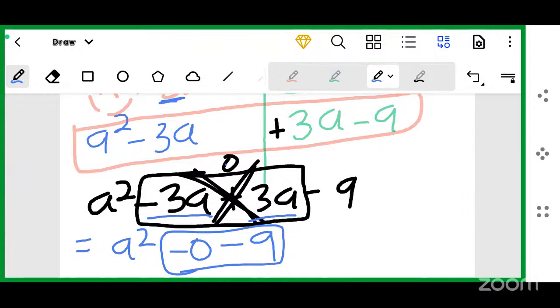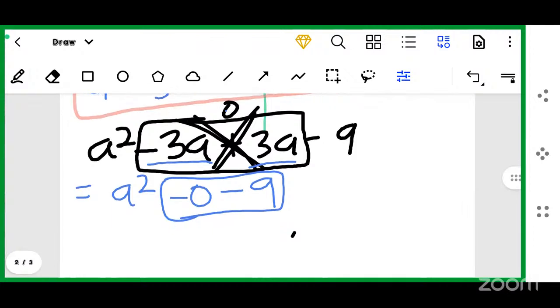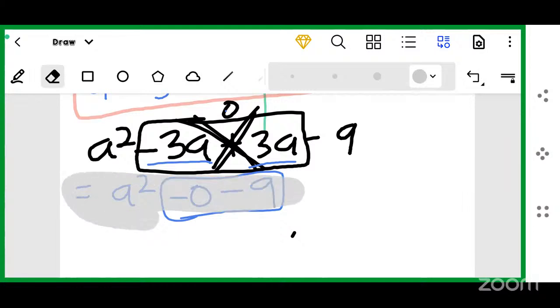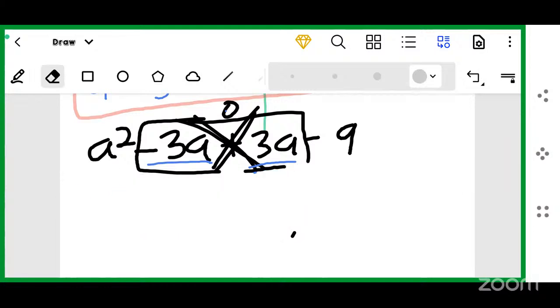Okay, you were saying? Okay, so I was saying, let me put this again, to prevent me saying we let the 0 not exist. So we have our a squared minus 0 minus 9.